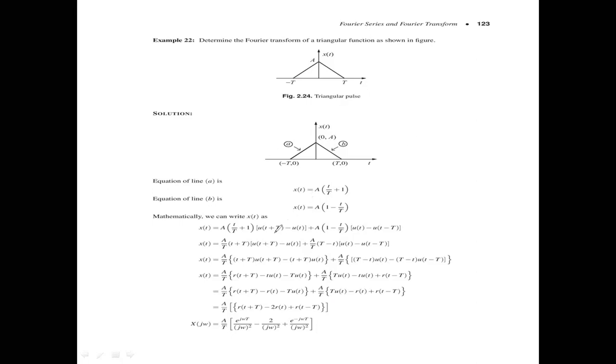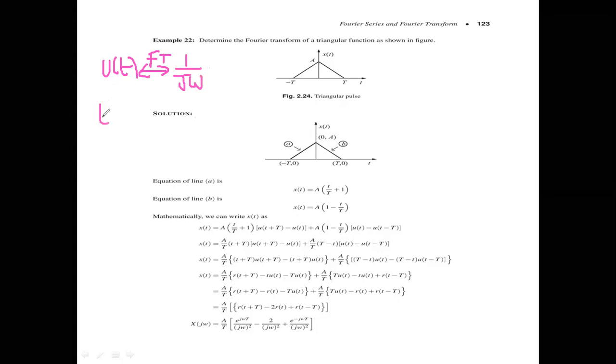So we got two expressions. Simplifying, we take t plus T and mu of t. The Fourier transformation of mu of t is 1 by j omega.